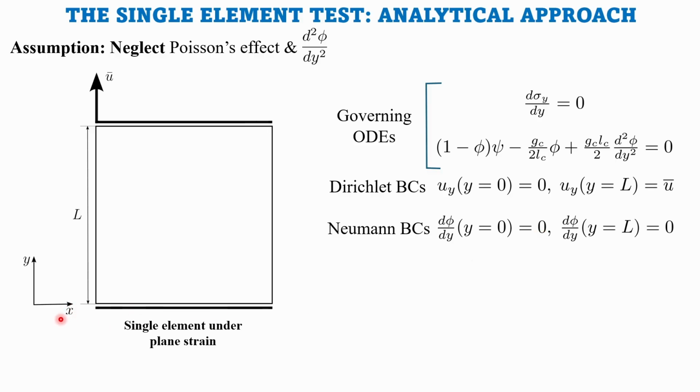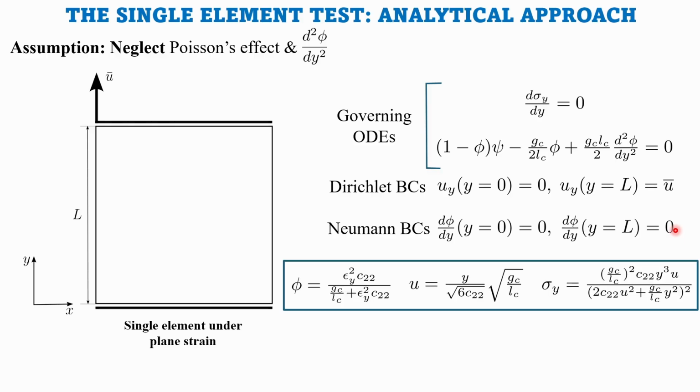Why? Because this place is fixed, so there is no crack anywhere. At y equals 0 there is no crack. So essentially the phase field terms at 0 and L will be 0.